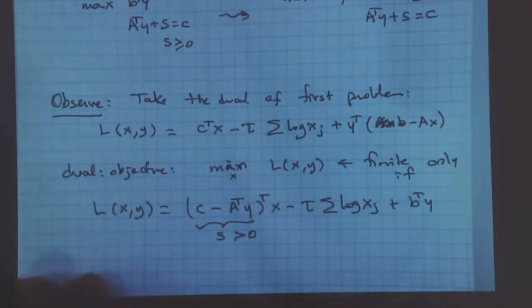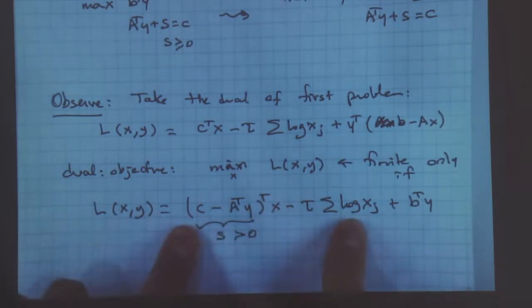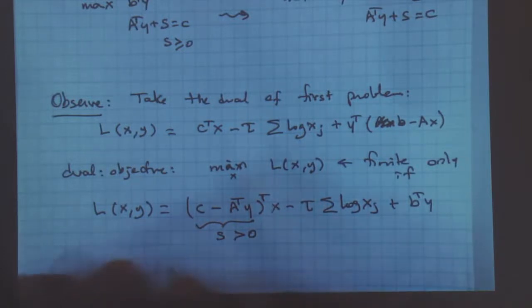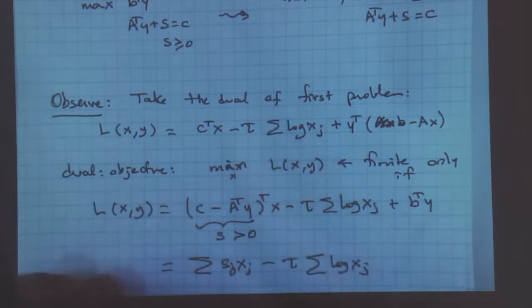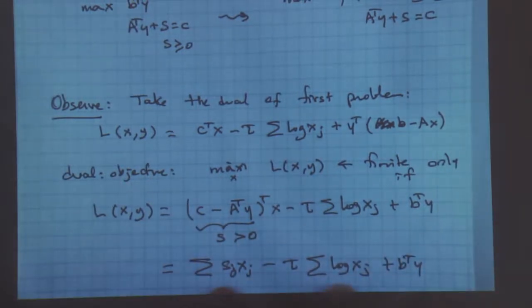And when that happens, this part here is very easy to minimize. You get the sum of sj xj, and then you have tau times the sum of log xj, and then you have b transpose y. So what should you set xj equal to in order to minimize these two terms?